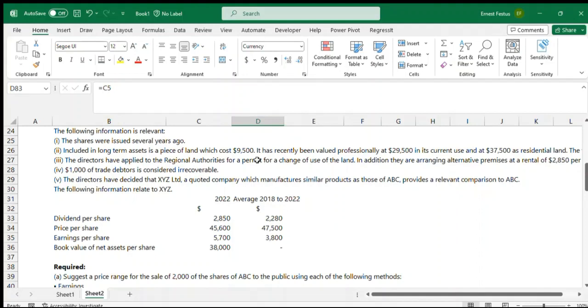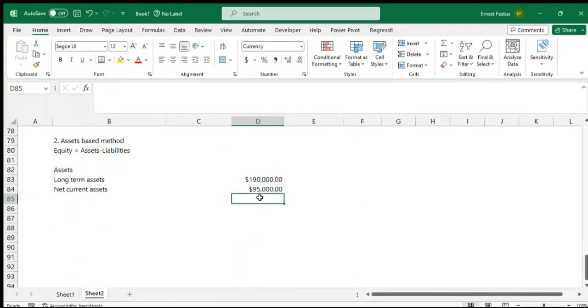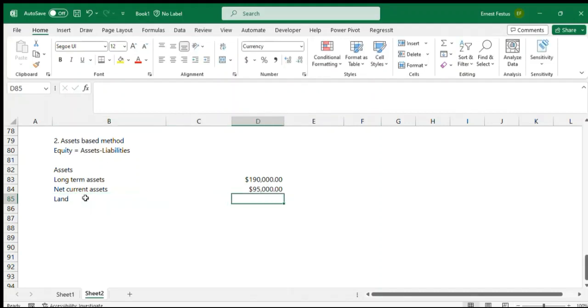So the land is no longer 9,500, neither is it 29,500 in its current use, but this is actually the revalued amount of the land. So I'll come here and have land. What is our land value? It is 9,500.